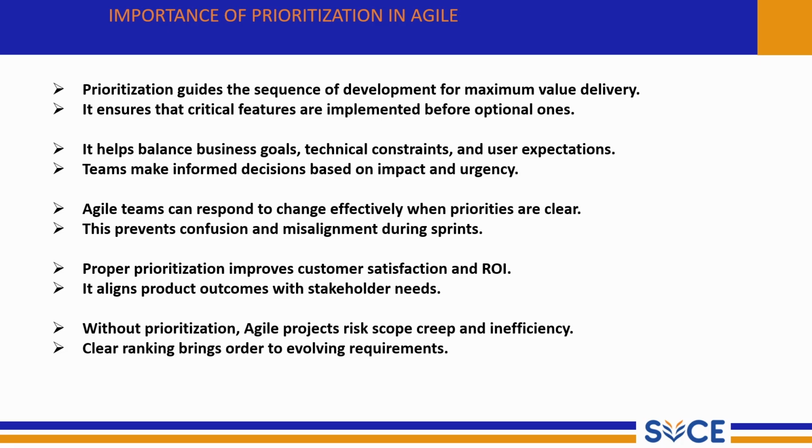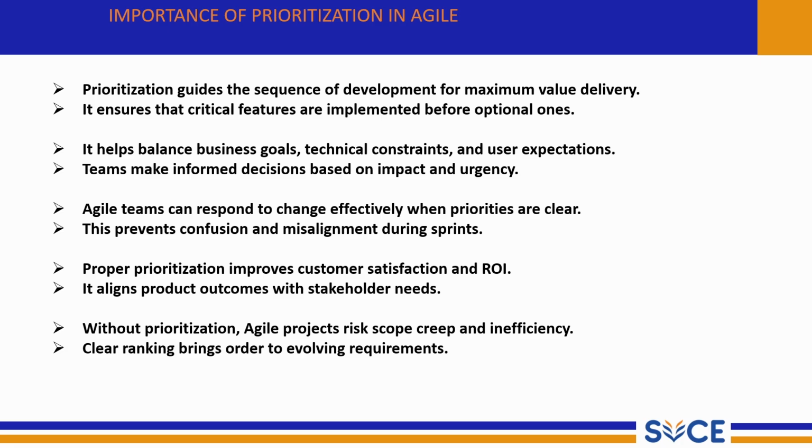Clear prioritization avoids chaos during the sprint execution. Team members know exactly what to work on, reducing misunderstandings and rework. Proper prioritization improves customer satisfaction and ROI. By delivering the high value features early, agile teams improve customer satisfaction.